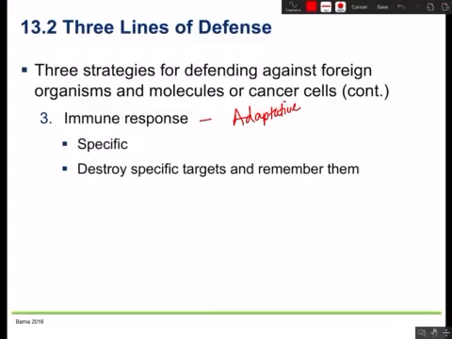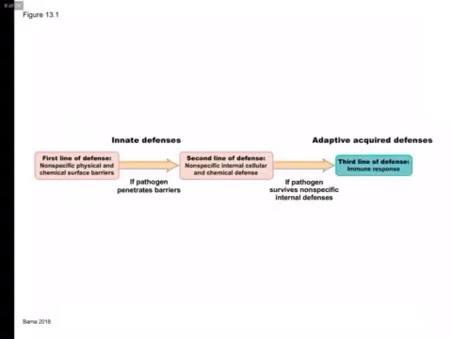This immune response is carried out by your B and T lymphocytes, commonly called B and T cells. They attack specific targets and they have memory. It's almost like when they encounter a bad guy, they take a Polaroid of it and put it in their back pocket, or in their picture book. So when that pathogen comes back again, they have all the instructions to attack it in a much faster way.